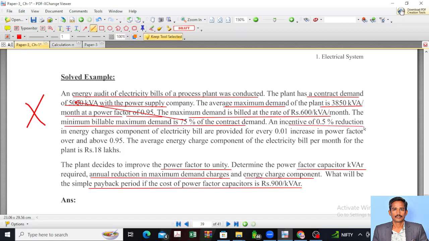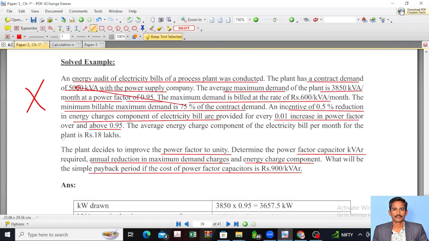They are giving a 0.5% reduction in energy charges for every 0.01 increase in power factor, and the limit is above 0.95. The average energy charges are 18 lakhs per month.